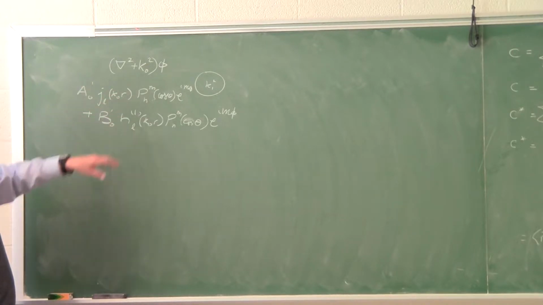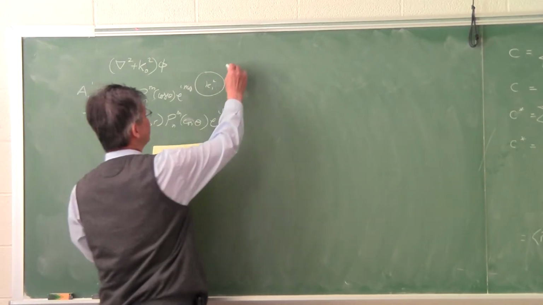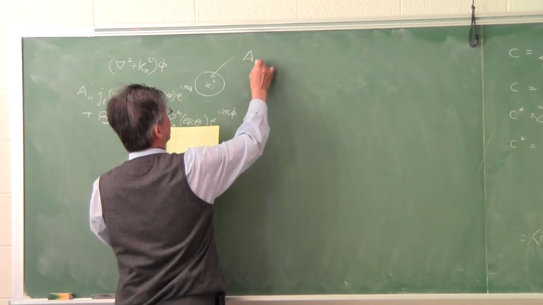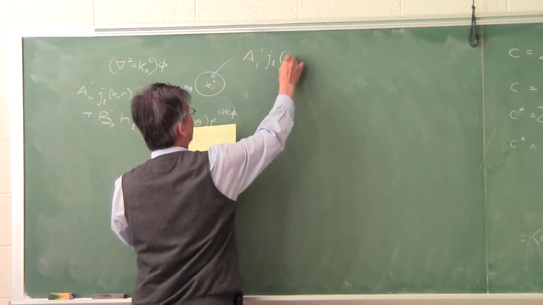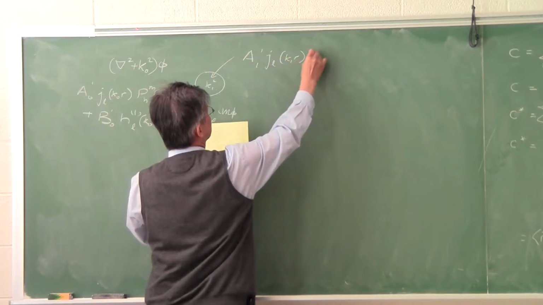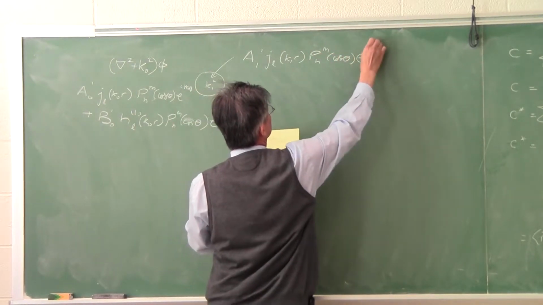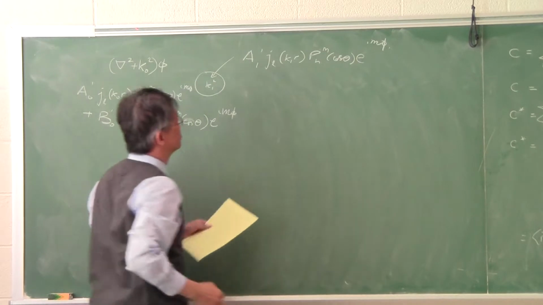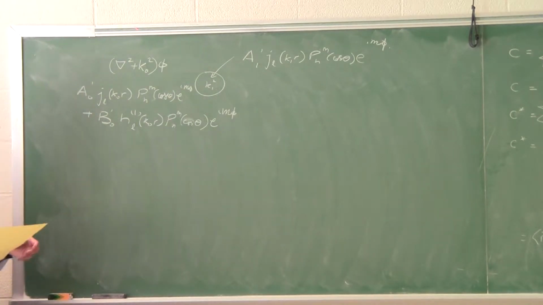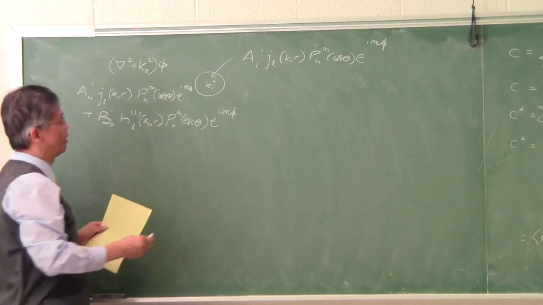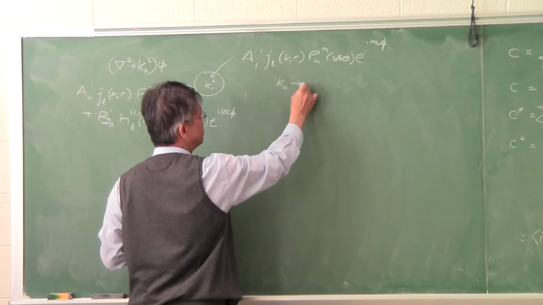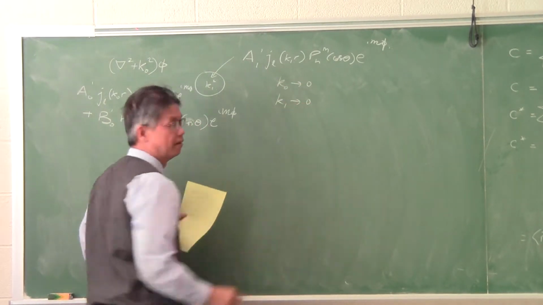Okay, this is a solution outside the sphere. Inside the sphere, it should be something like this, a standing wave. Let's assume that we are in the long wavelength limit. So k0 tends to 0, k1 tends to 0.